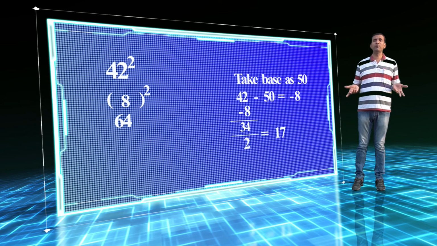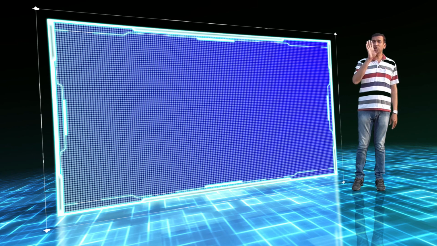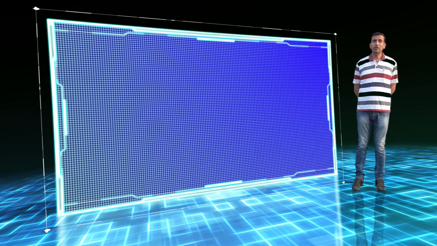Finally, we have 1716, so 42 squared is 1764. By using these methods, you can find the square of anything. One thing is important: you should have learned the squares from 1 to 25 very well.